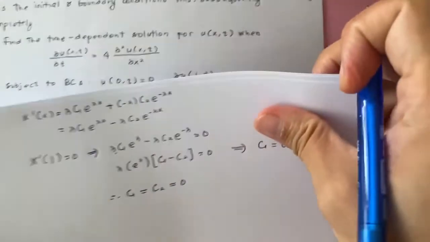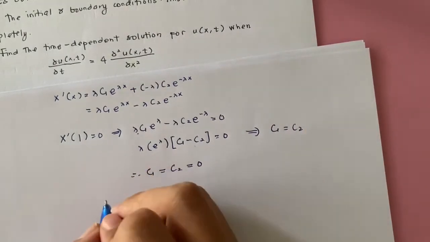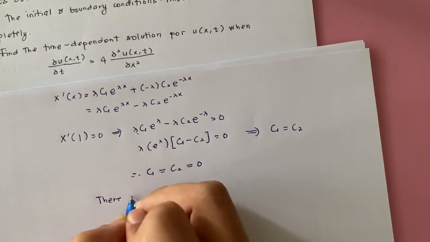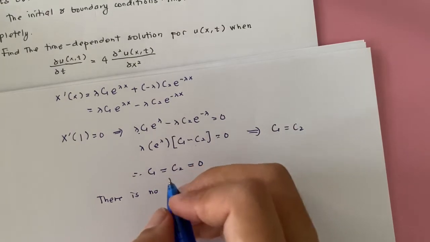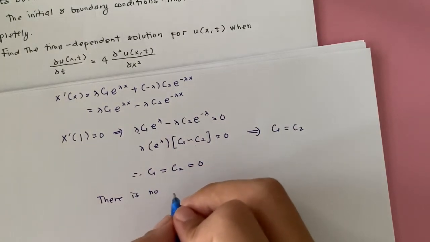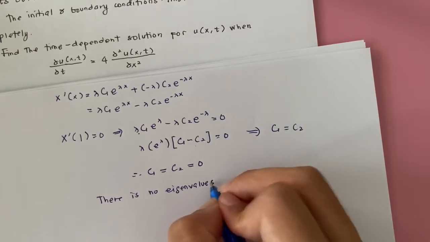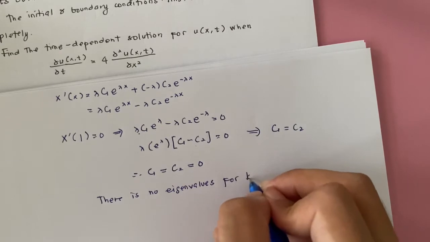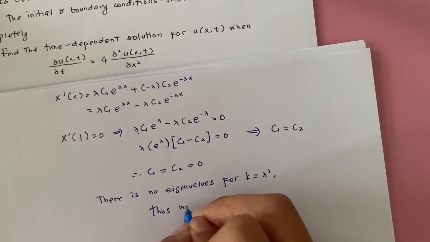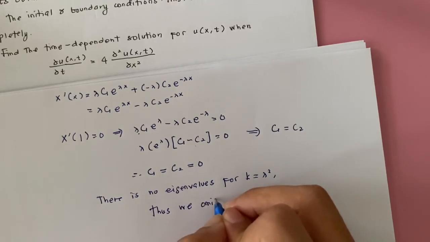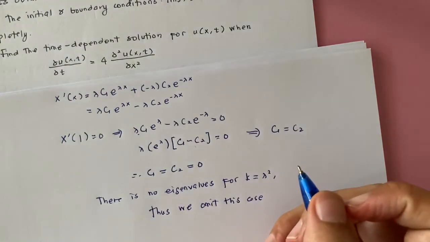So for this one we conclude that there is no eigenvalue since c1 and c2 are equal to 0. So there are no eigenvalues in this case, for k positive. Thus, we omit this case. We cannot solve for this case.